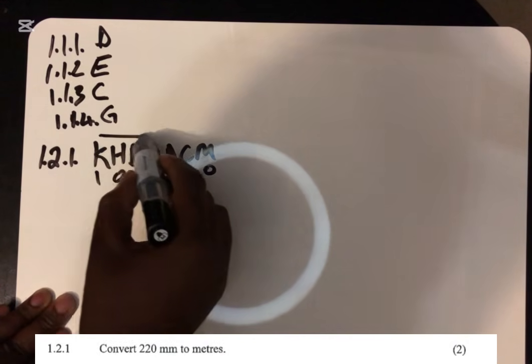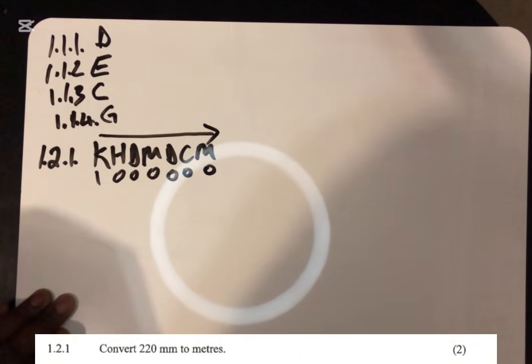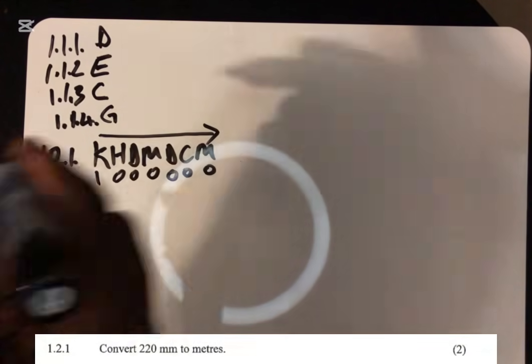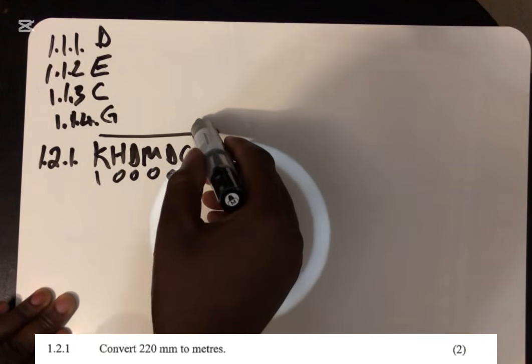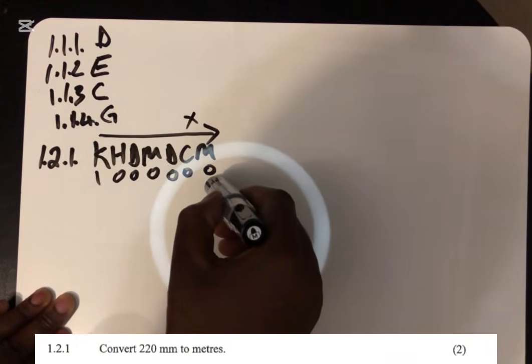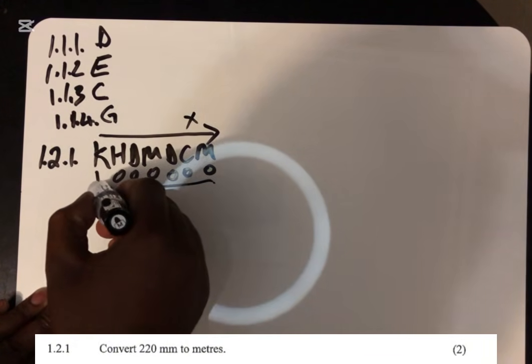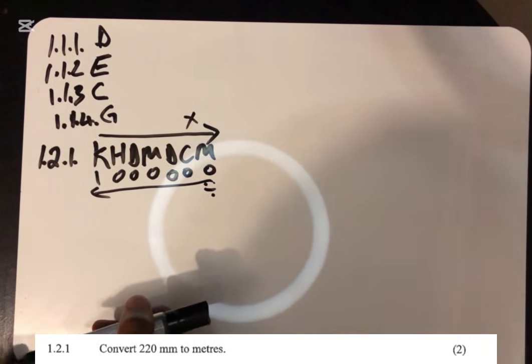From the K to this side, because we are converting from a bigger unit to a smaller unit, we know that we are going to multiply. And from a smaller unit to a bigger unit, we know that we are going to divide. So this is our King Harry.